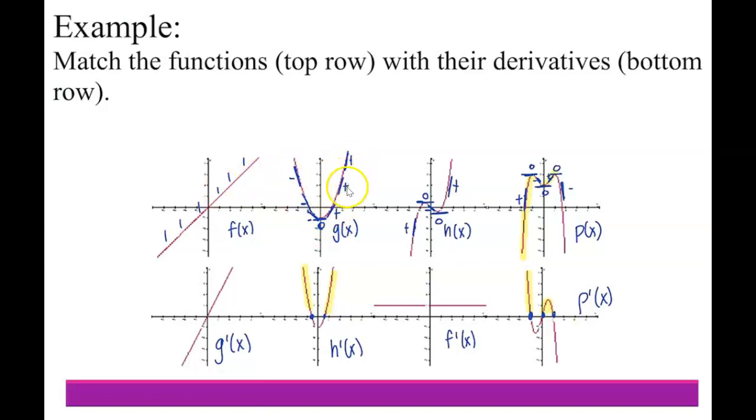And then once we've analyzed the slopes, go ahead and look at our derivative options in terms of being on the x-axis or above the x-axis. It's not like this one looks like this one. I get a lot of that, especially early on. And so it's just something that I want to encourage you to avoid. And mark up your original functions as much as you need to really analyze those slopes.